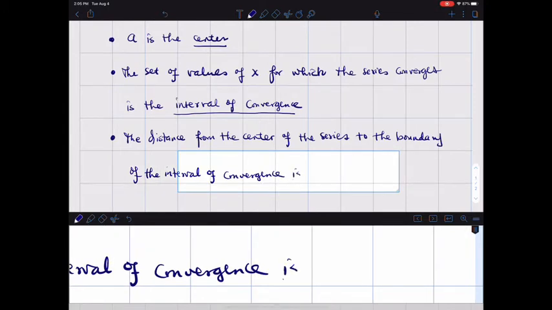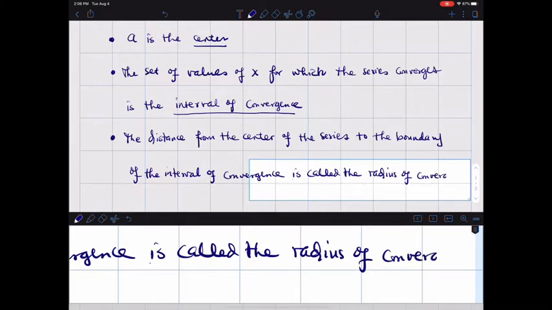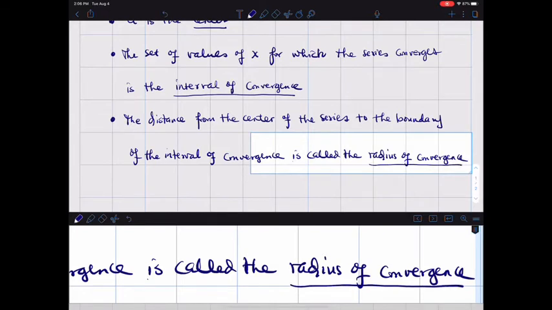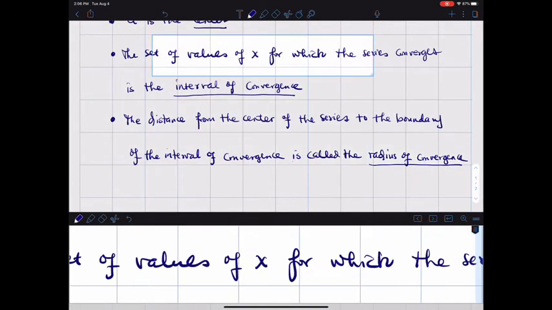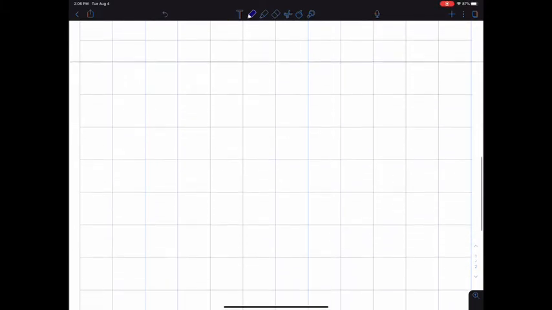It's called the radius of convergence. Radius. And this is usually denoted with the letter R. Okay. So far, we have the coefficients, the center, the interval of convergence, and the radius of convergence.